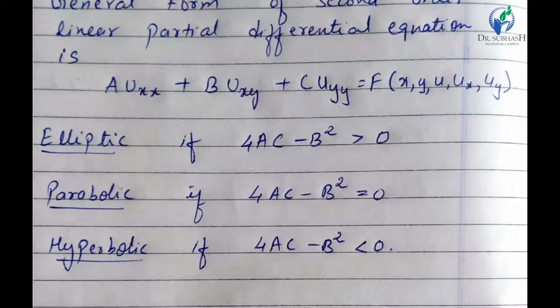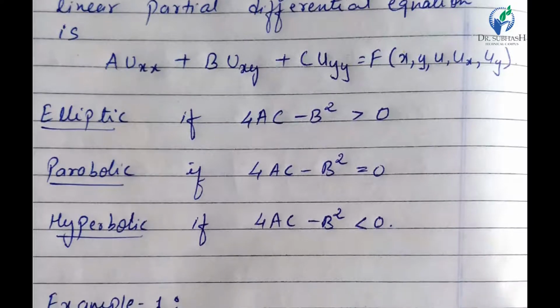If its value is equal to 0, then it is parabolic, and if the value of 4ac minus b square is negative, that is less than 0, then it is hyperbolic. This is one of the methods to classify a linear partial differential equation of second order. Now let us have some examples.